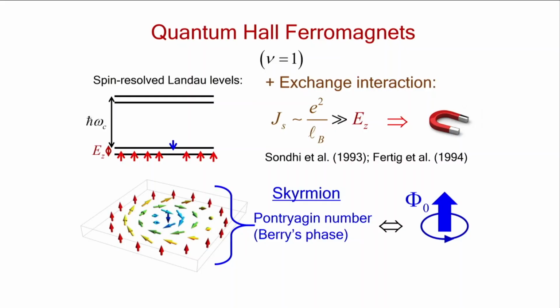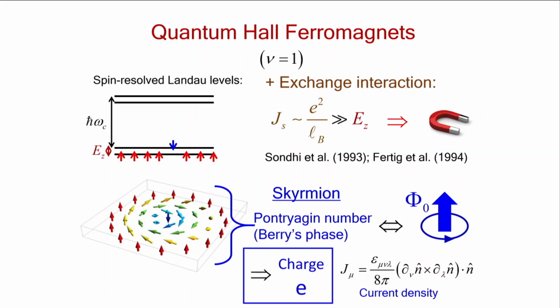And because we are in the quantum Hall system, and the nature of the state is that electrons or charges are trying to adjust themselves to the number of flux quanta, this kind of excitation, although it contains many electrons, its electric charge is just the charge of a single electron, okay?